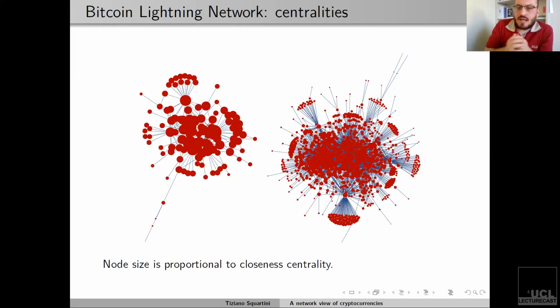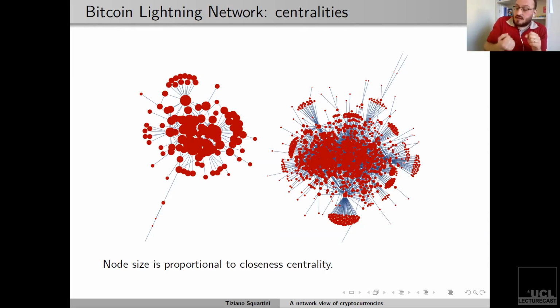What about the closeness centrality? Well, for the closeness centrality, you see that there is not that much difference between hubs and peripheral nodes. Why? Well, because a hub is close to all the other nodes, is very connected, so it's also close to all the other nodes.